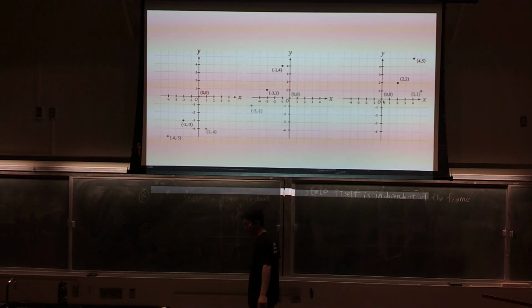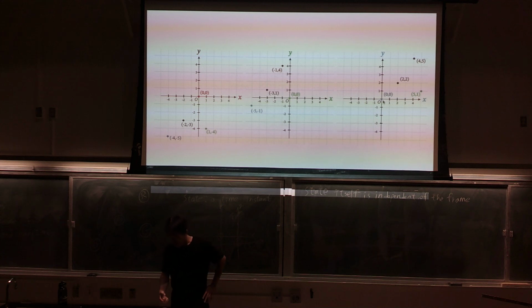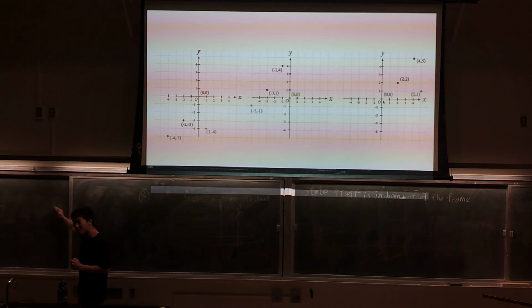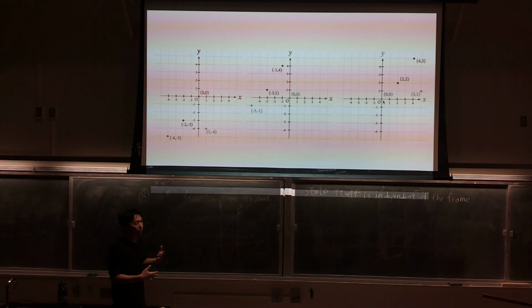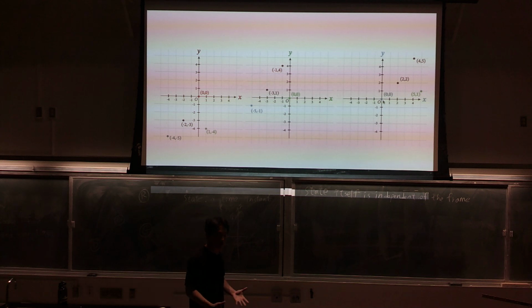Now, this frame dependence has a strong relation with the requirement for physics law. In the beginning, we said physics law should work the same for anyone, anywhere, at any time.